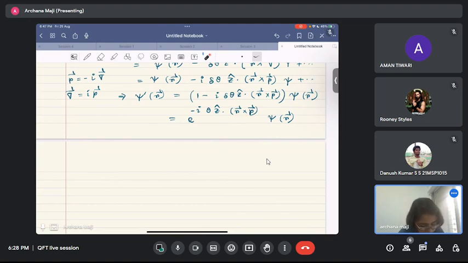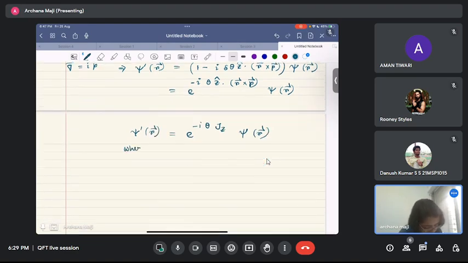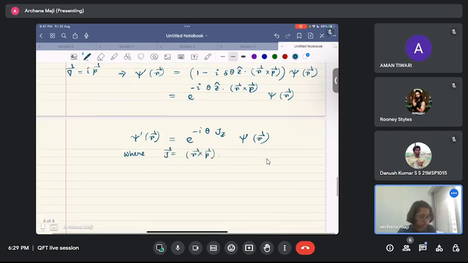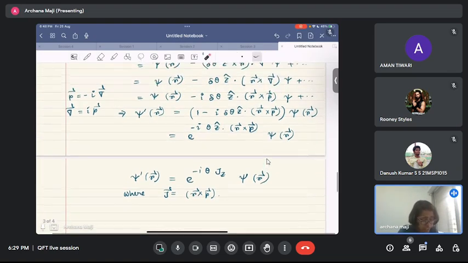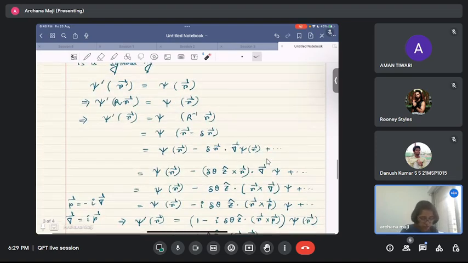So this will be equal to exponential of minus i theta Jz, where J is r cross p. So the angular momentum along the z axis is basically generating this rotation about the z axis.